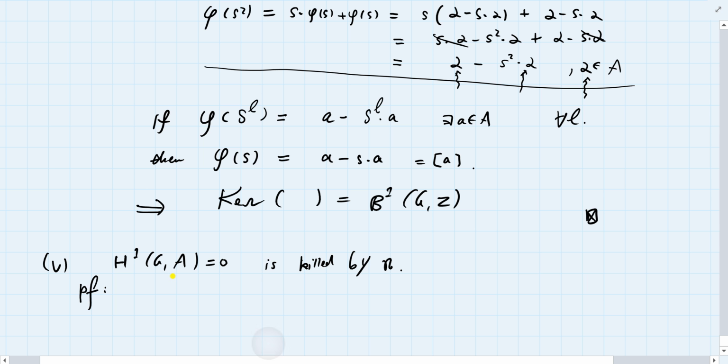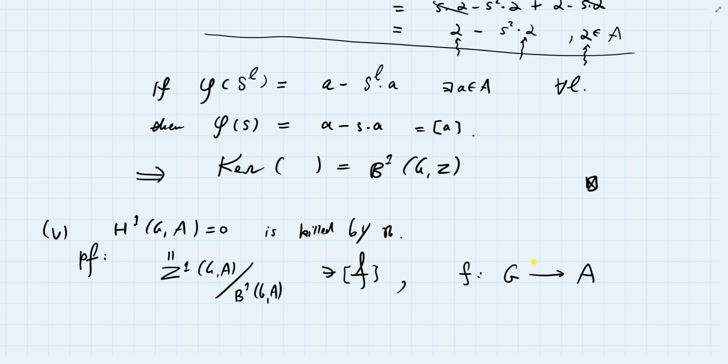Yes, because this is just, so any element here f, f is a function from G to A. So this is a group, it's a T module, okay.